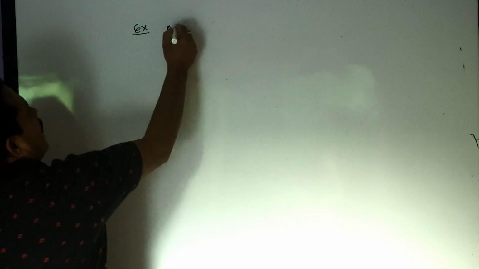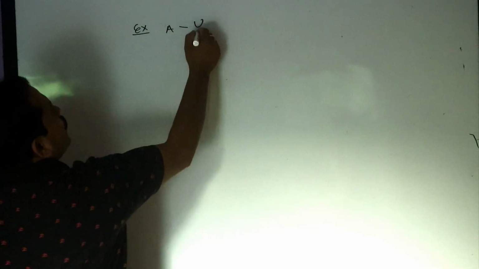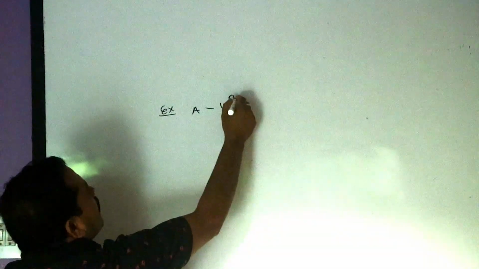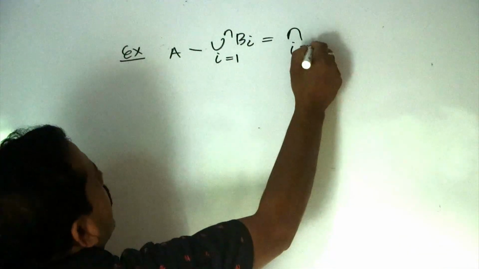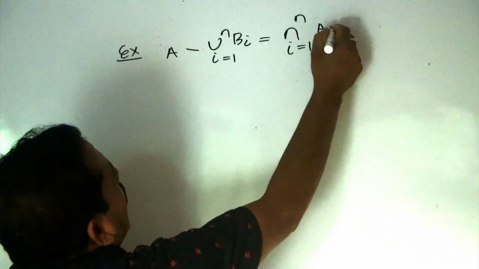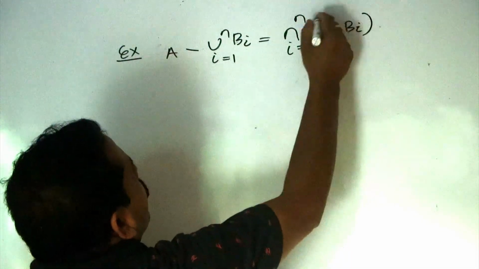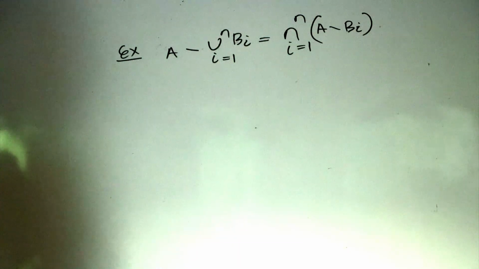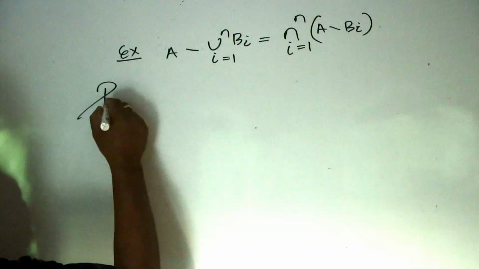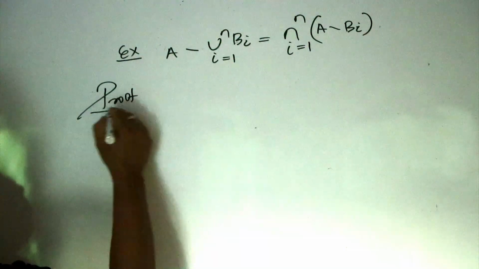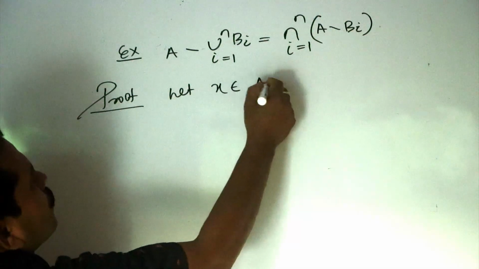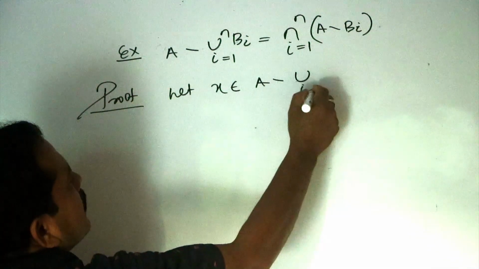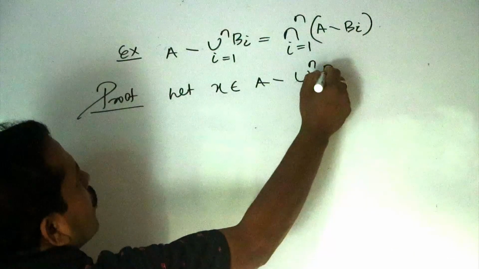Another problem: A difference union i from 1 to n Bi equals intersection i from 1 to n A difference Bi. How can we prove this? In the same way, take X belongs to A difference union i from 1 to n Bi.